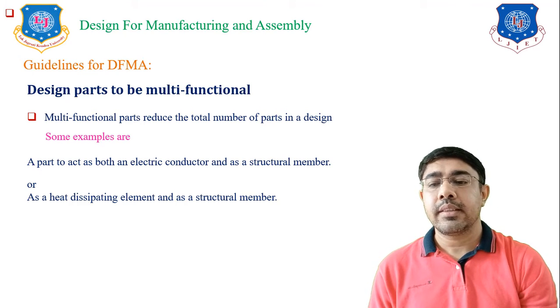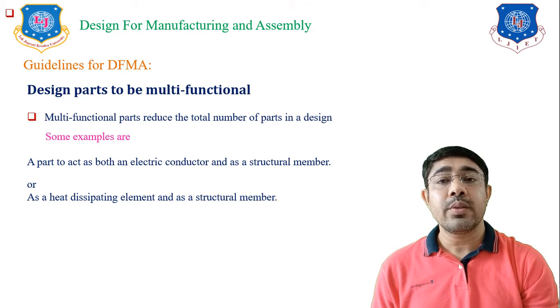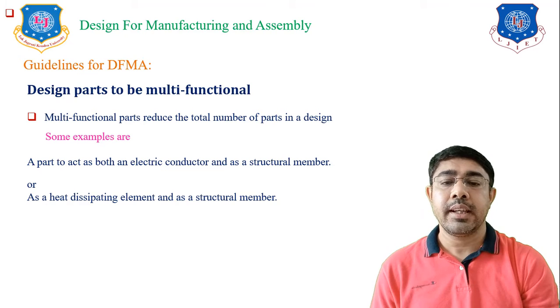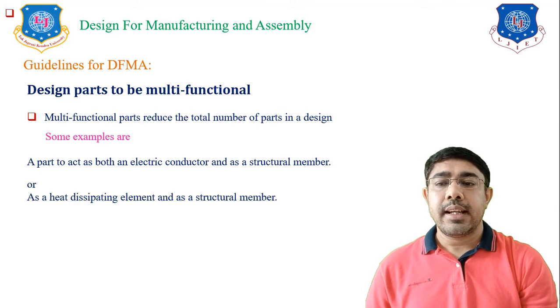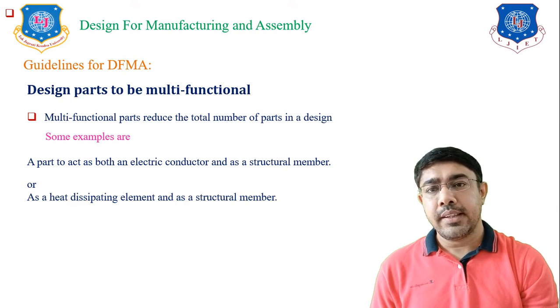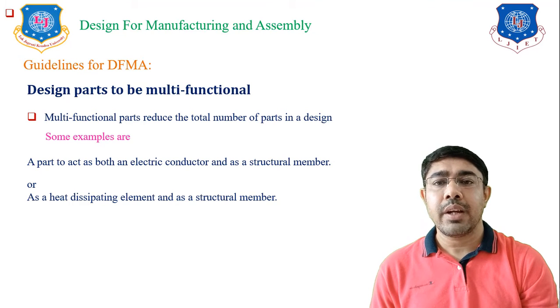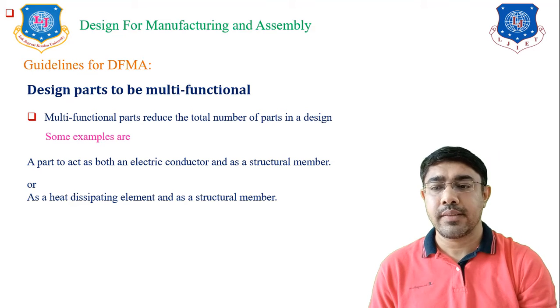For example, a part which is used as an electric conductor, and also used as a supporting structure member. These are the multifunctional guidelines we have to follow while doing design for manufacturing and assembly.